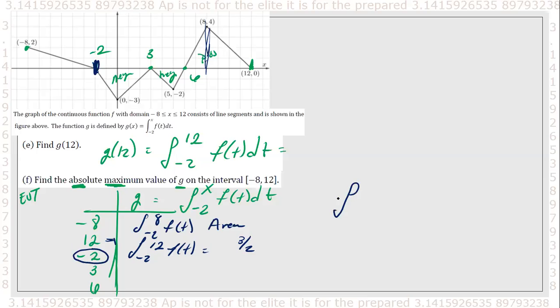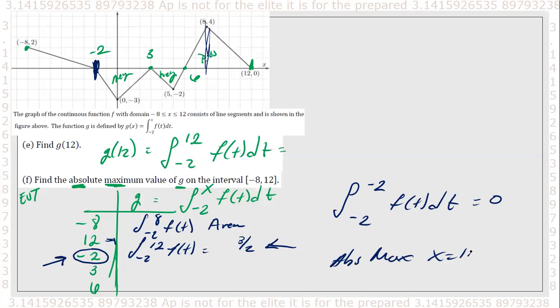When you take the integral, let's say this one, -2 of f of t dt, and then you pick the value that they gave you, in this case it's -2, so that's the upper bound. When you integrate from that limit to that limit, you didn't move at all. So that was 0. I know a lot of students would get that one wrong. But in this case, if you try them all, you get that the absolute max occurs when x equals 12.